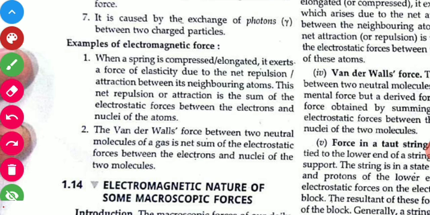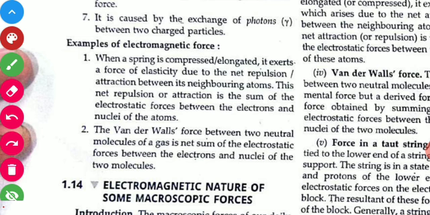That's why after removal of the force, the rubber will regain its original position and size. So what is the force there? The force is the electrostatic force. Another example is the spring. When a spring is compressed, it exerts a force of elasticity due to net repulsion and attraction between the neighboring atoms.